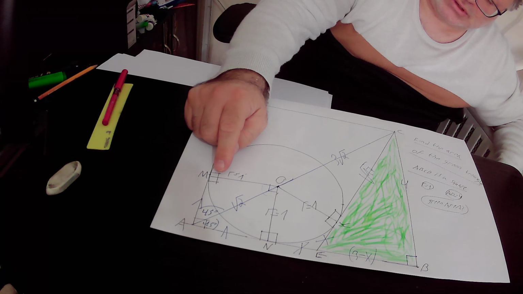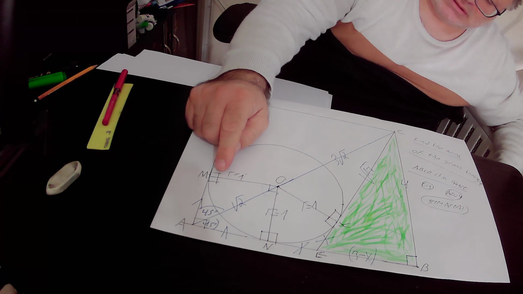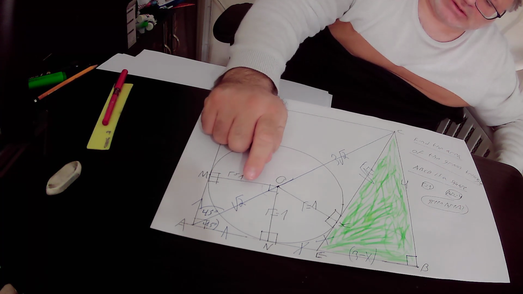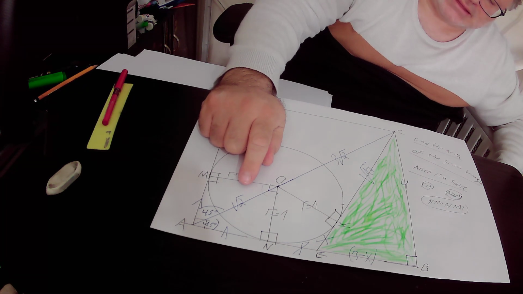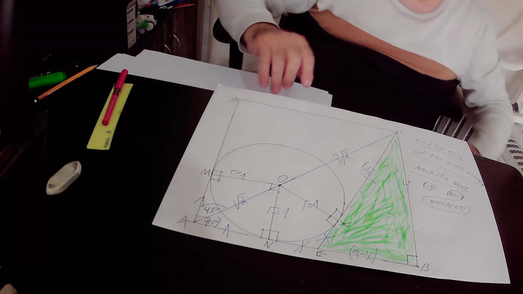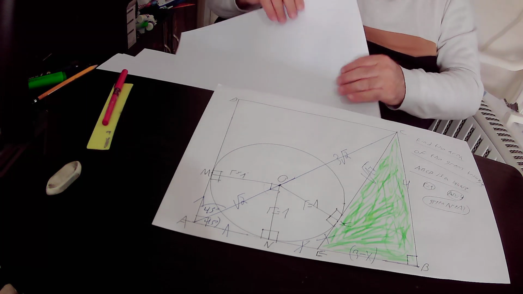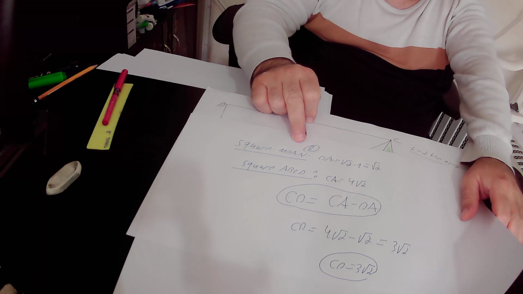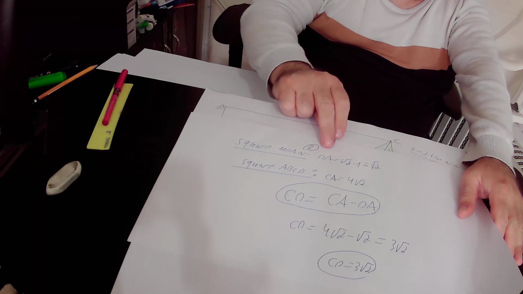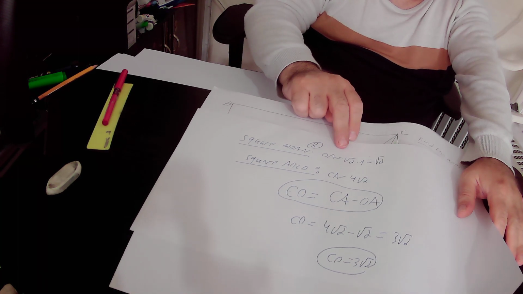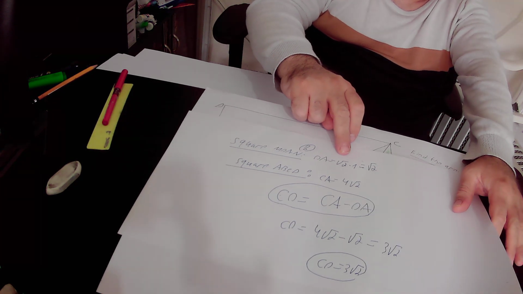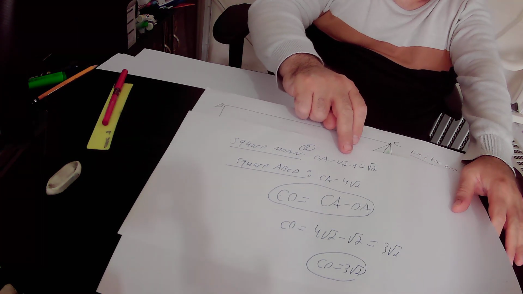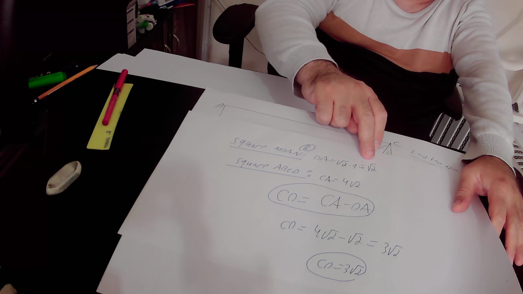Therefore, according to rule number 7, the length of diagonal OA will be equal to 1 times square root of 2 units. That is to say, in square MOAN, the length of the diagonal OA equals square root of 2 units.